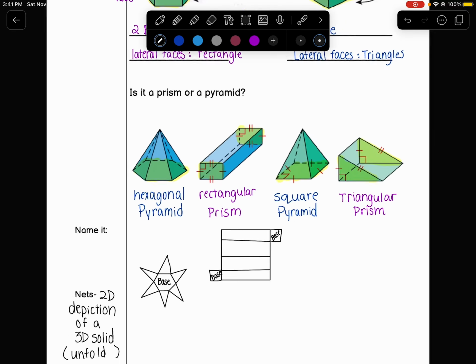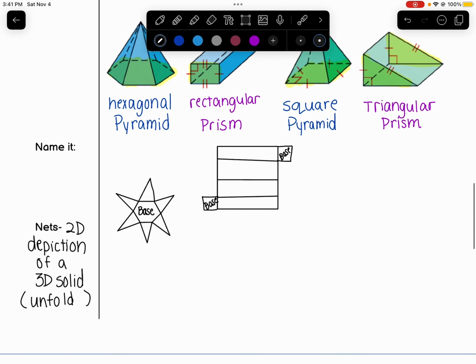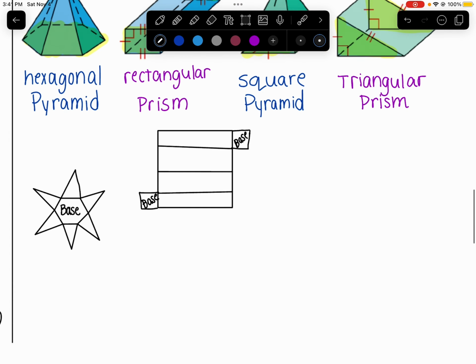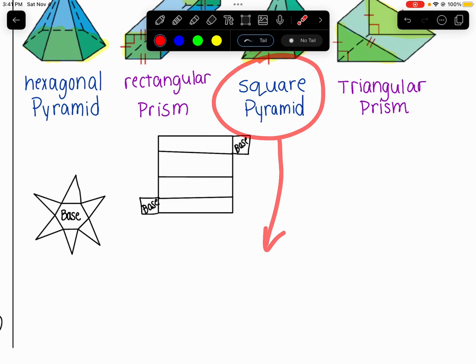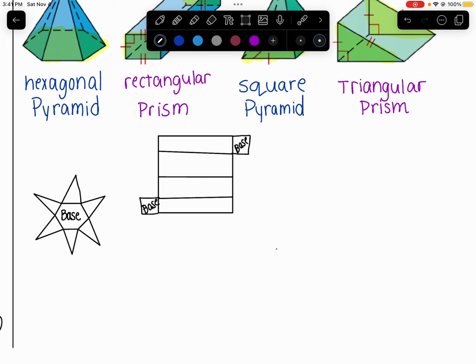And if you feel like I'm going too fast, feel free to pause this video so you can take the time you want to make your pictures look the way that's going to best help you be successful in your exit ticket. And so next we're going to sketch the net of a square pyramid. So what shapes, what faces do we have? So one, we have a square.